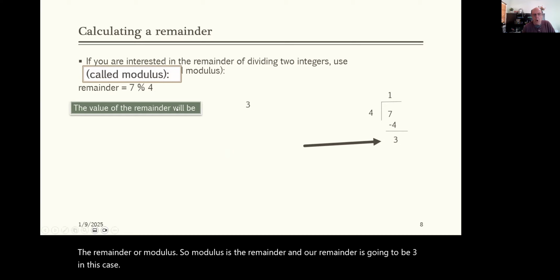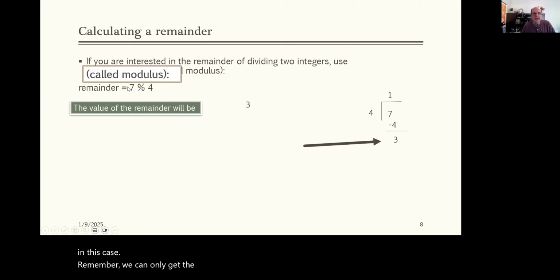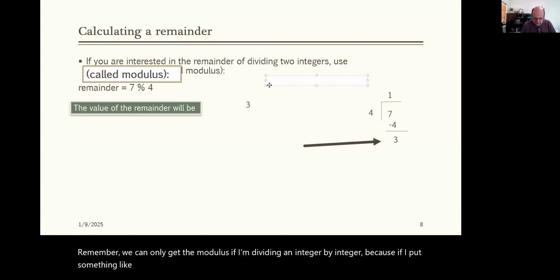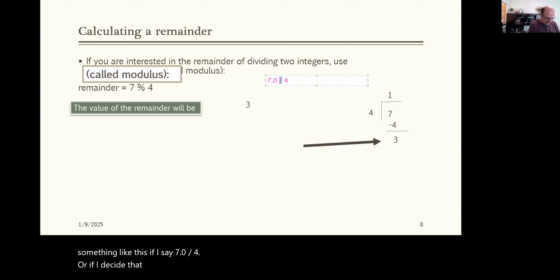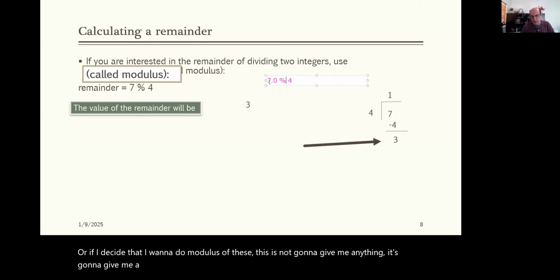Remember, we can only get the modulus if I'm dividing an integer by an integer. Because if I say 7.0 divided by 4 and I decide to do modulus of this, it's not going to give me anything useful. It gives 1.75, and then my modulus is going to be 0.